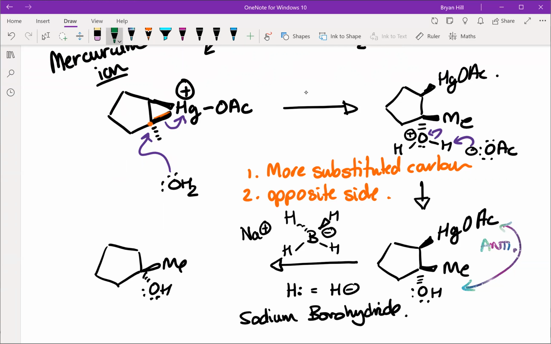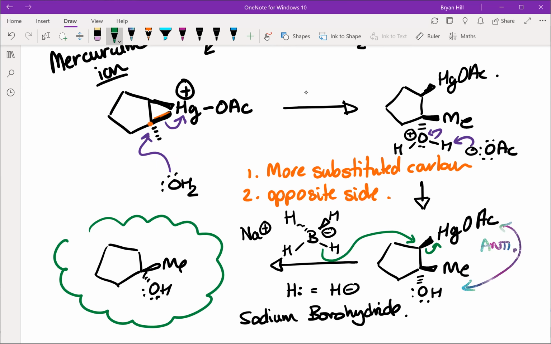You can just think of this as sort of H minus attacks the carbon and the mercury leaves with it, but it's an oversimplified version of it, but for what we're trying to do, that's good enough. And that will give us our final product.